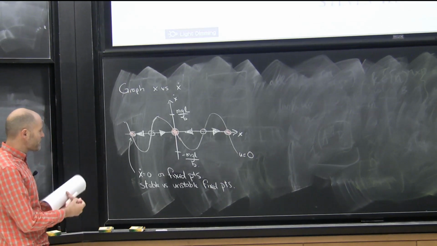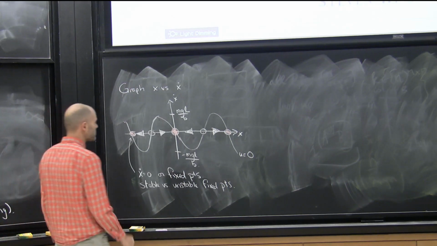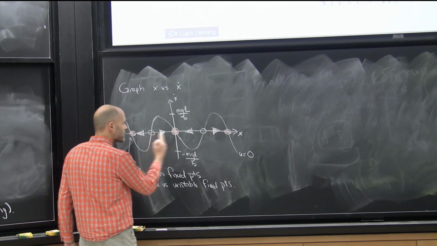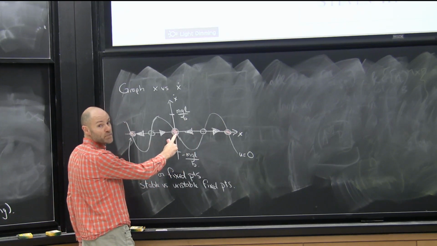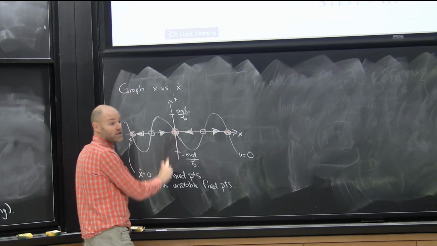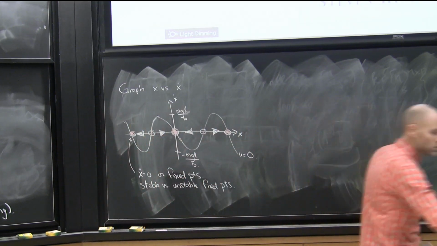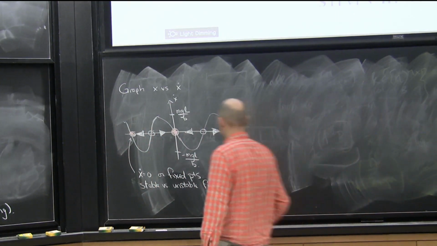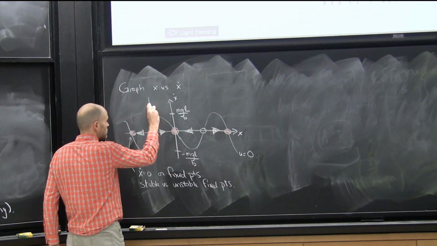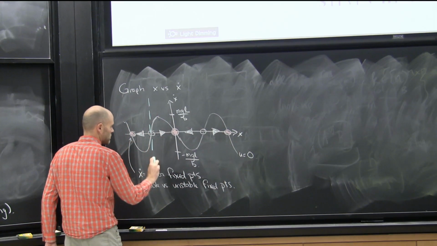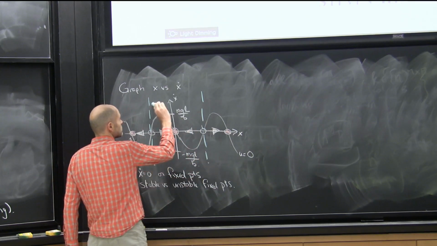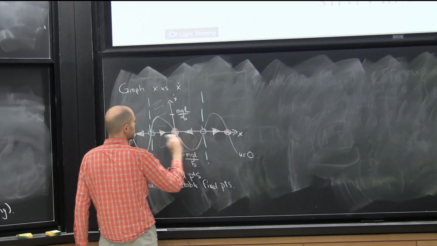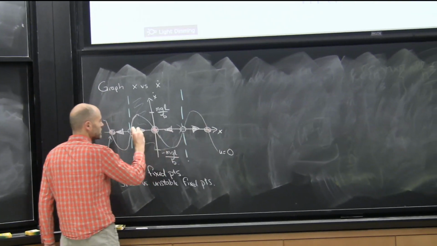Good. But this is also a chance for me to give the other definitions here. So the set of initial conditions which eventually arrive at this fixed point are called the region of attraction of that fixed point. This region here, it's really just this line interval here, right?